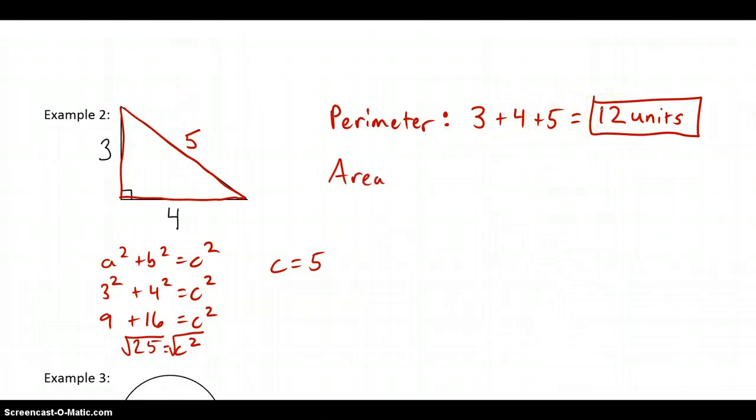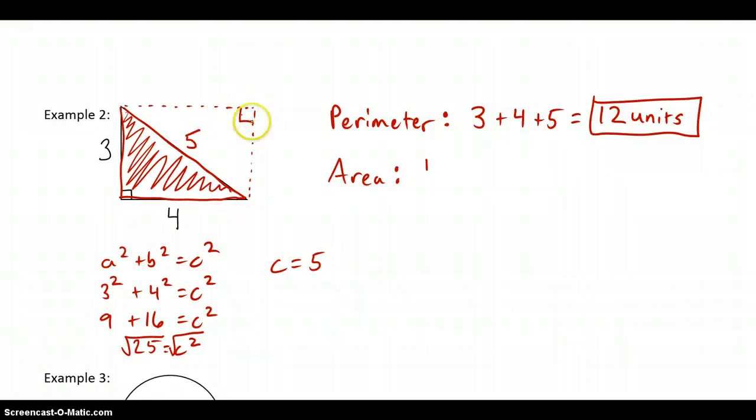Area. I don't have a rectangle, I have a triangle. But if you think of a triangle as being half of a rectangle, I can use the rectangle formula, but only take half of it. So the area of a triangle is going to be 1/2 times my base times my height.